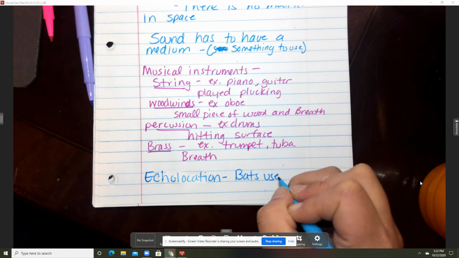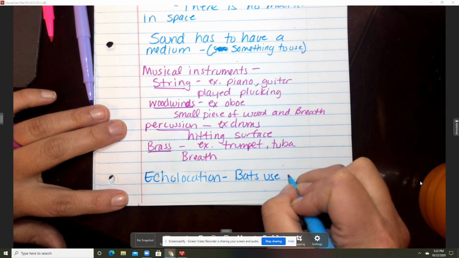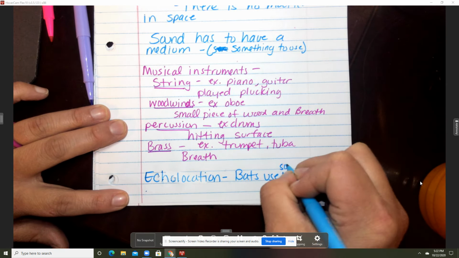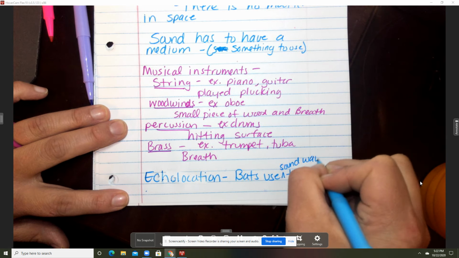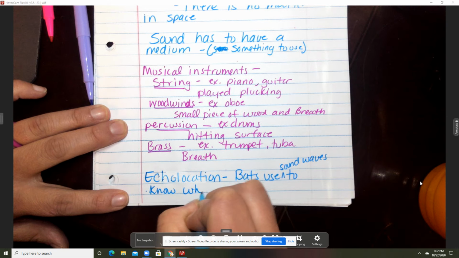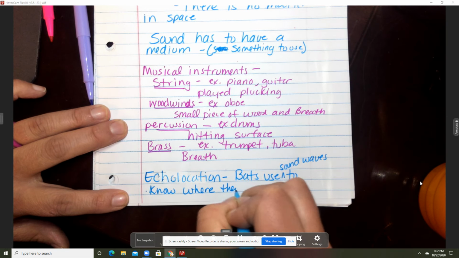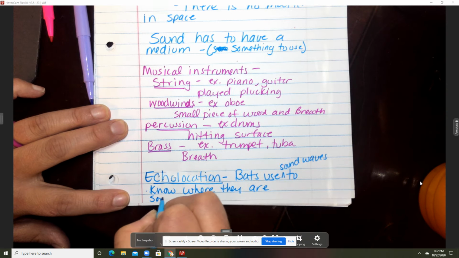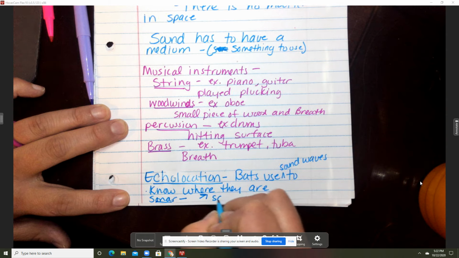And it's the same thing as sonar. They use sound waves to know where they're at. And the same thing with sonar.